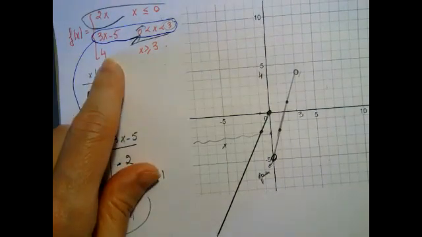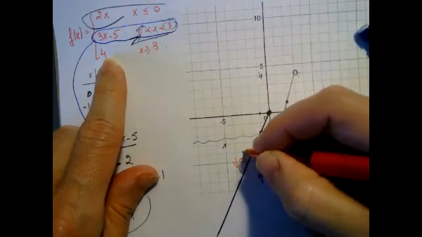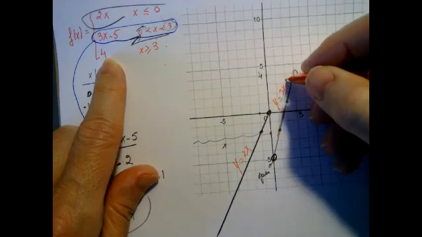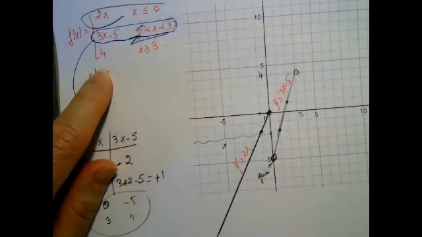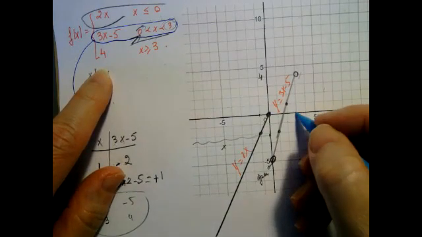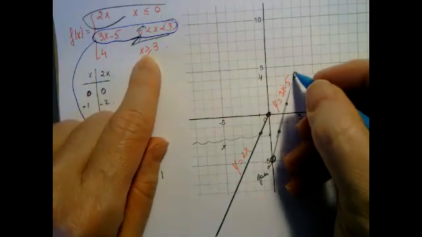This is the graph of 2x, and this is the graph of 3x minus 5. For x bigger than 3, what is the picture? If x is bigger than 3, the output is 4. At 3, it is 4.